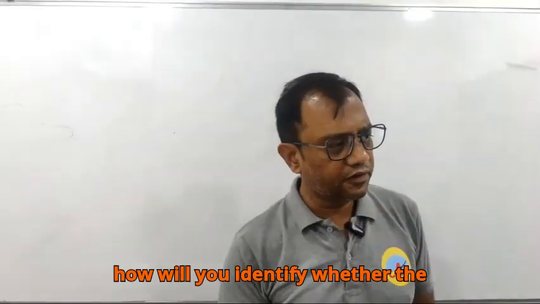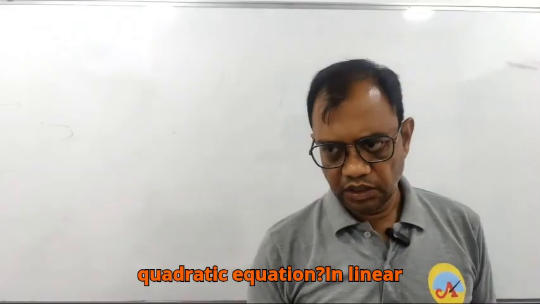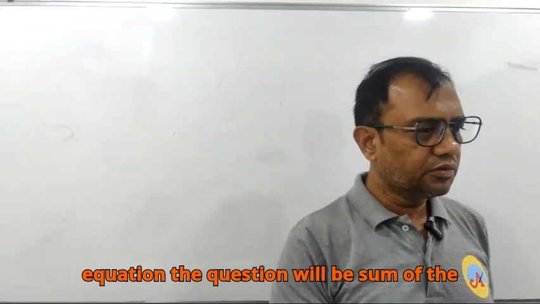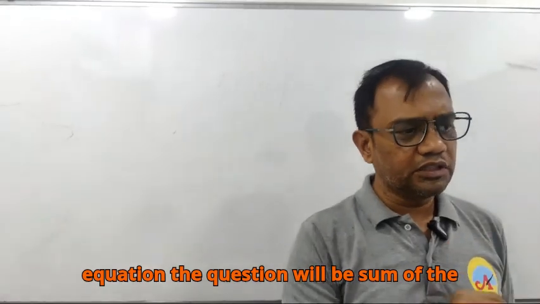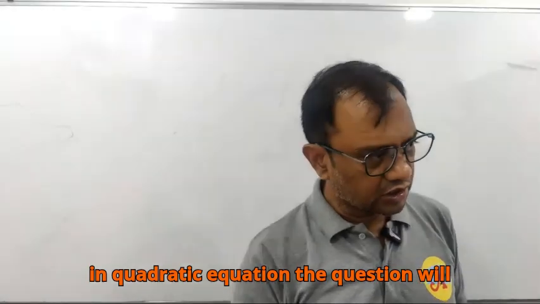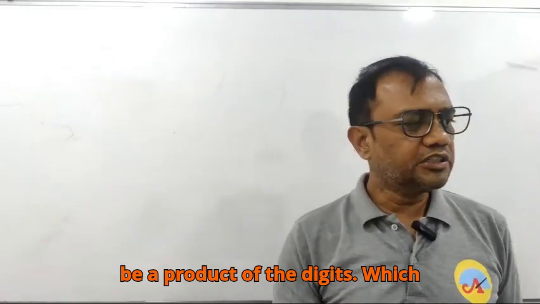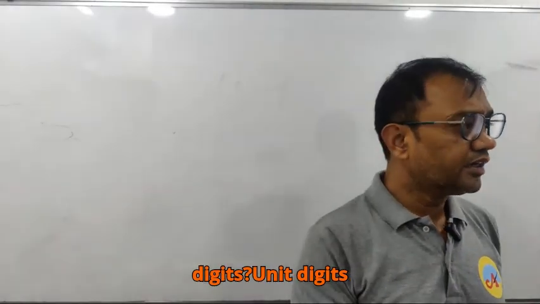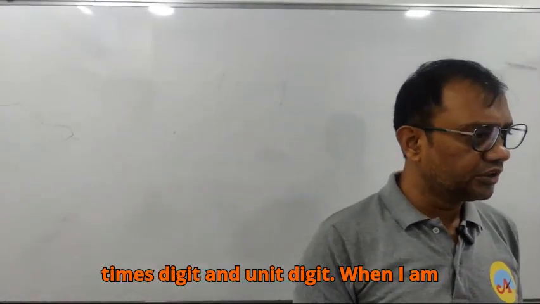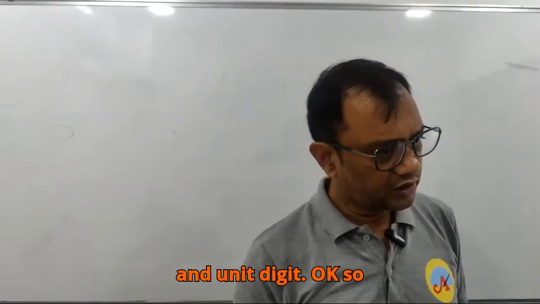Now, how will you identify whether the question is a linear equation or a quadratic equation? In linear equation, the question will be sum of the digits or difference of the digits. And in quadratic equation, the question will be a product of the digits. Which digits? Tens digit and unit digit. When I am talking about digits, it is tens digit and unit digit. Okay?